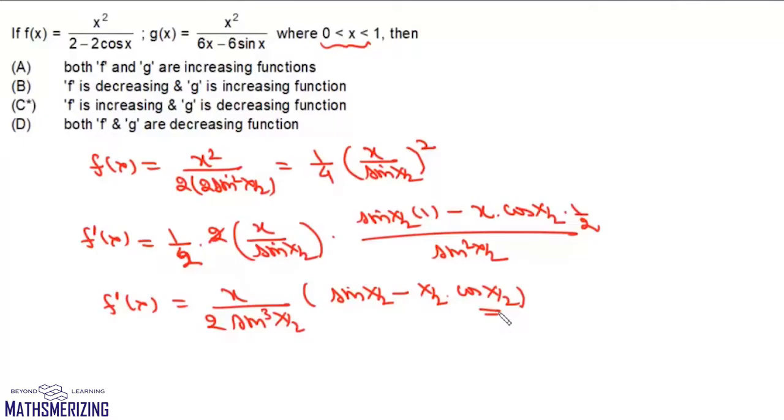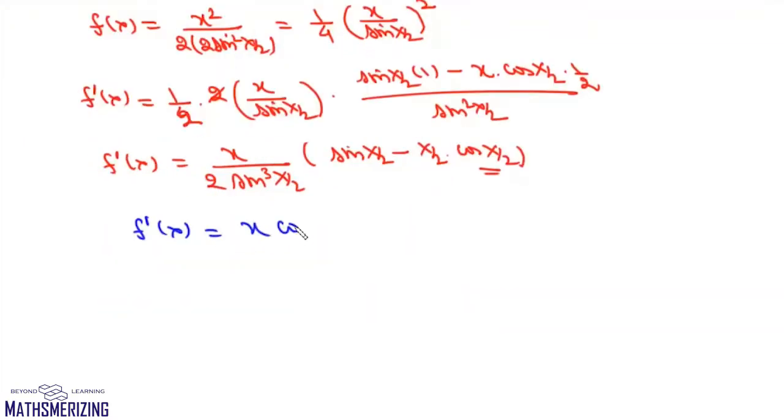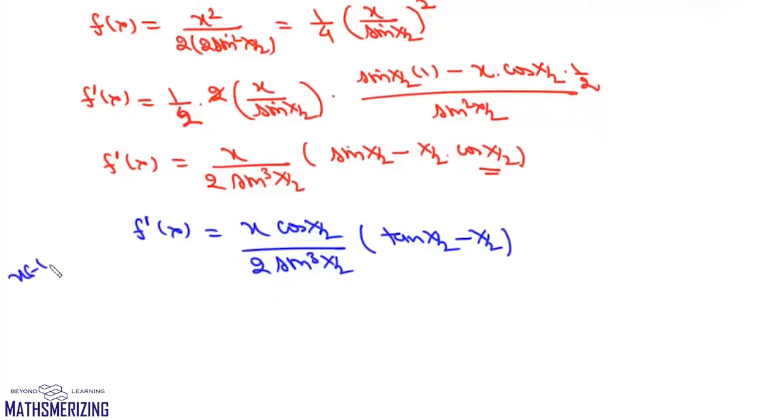Now here we'll take cos x by 2 common. So we can write this as f dash x equals x cos x by 2 upon 2 sine cube x by 2, and here it will be tan x by 2 minus x by 2. Now since x lies between 0 and 1, all these expressions will be positive, and from the calculus inequality we know sin x is less than or equal to x, and it is less than or equal to tan x.